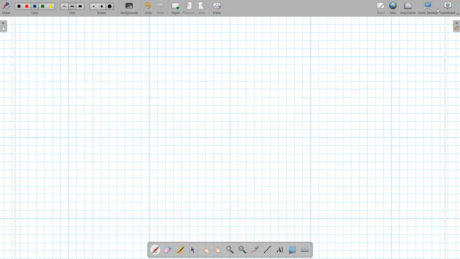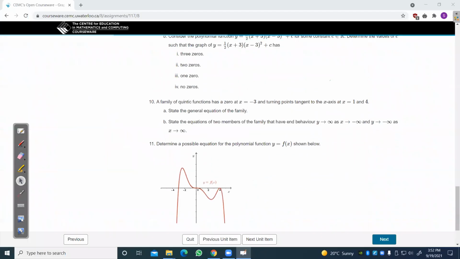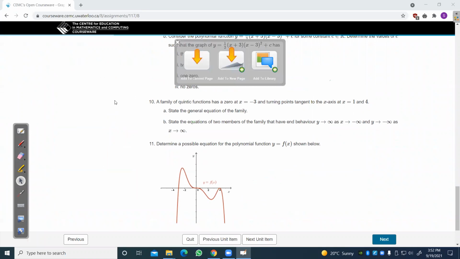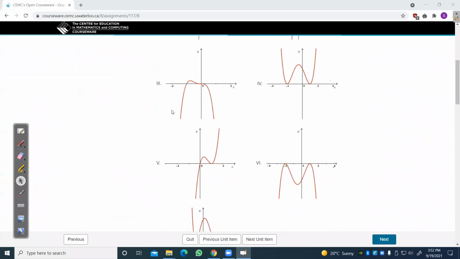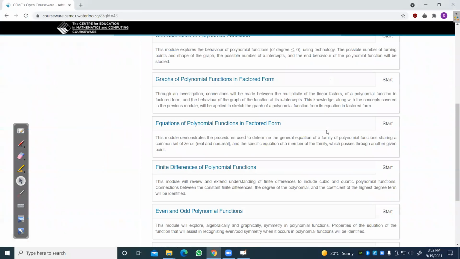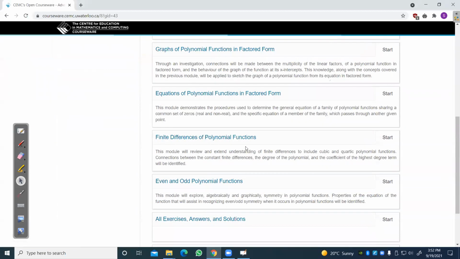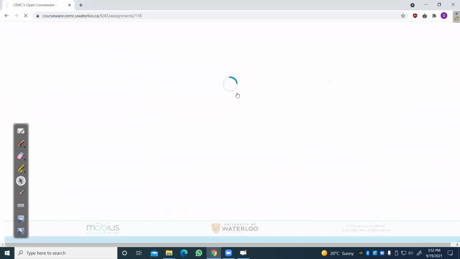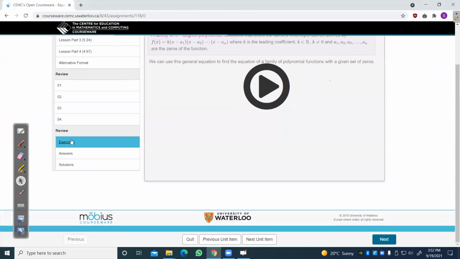Okay, all right, we're moving upwards. So let's try number 10. Or is there anything else? We can go to module 5, I guess, the equations of polynomial functions in factored form. All right, let's do some hard ones from this one.